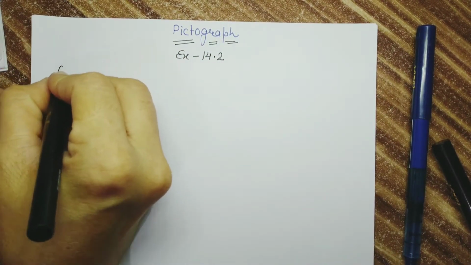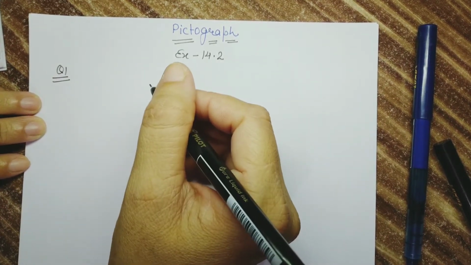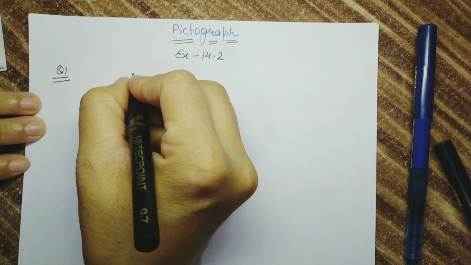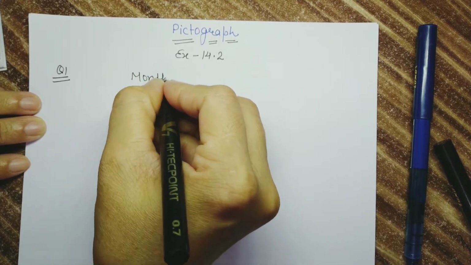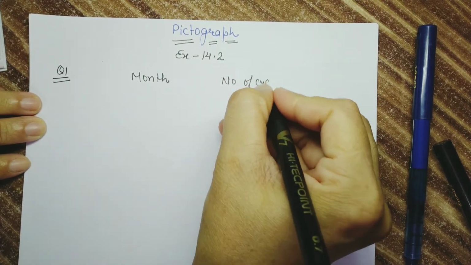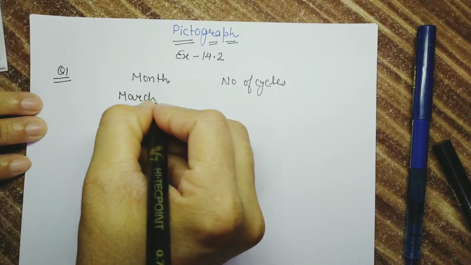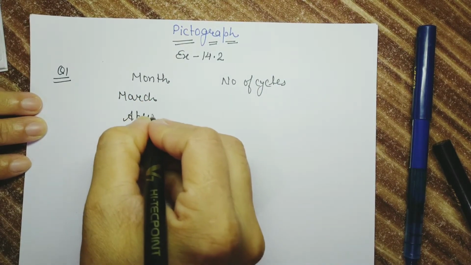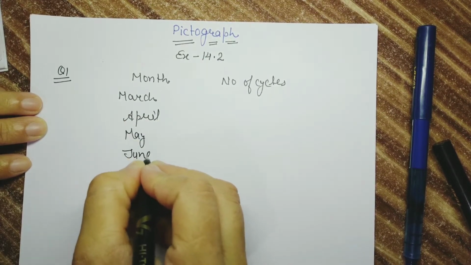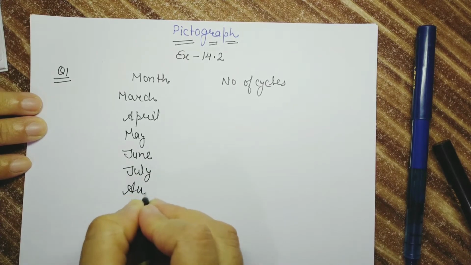Question number 1. In question number 1, they have given the number of cycles sold during 6 months in a particular outlet. So students, what they have given to us: month and number of cycles. They have given March, April, May, June, July and August.